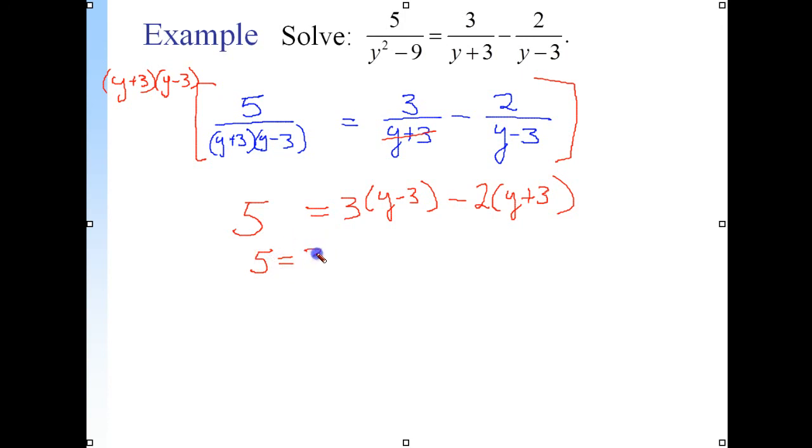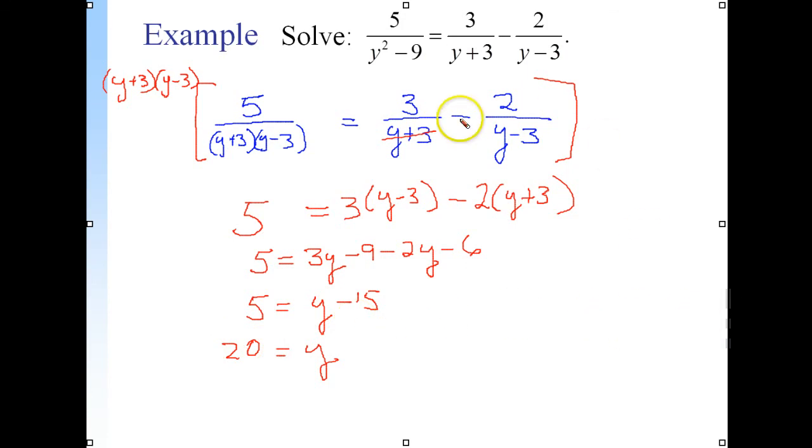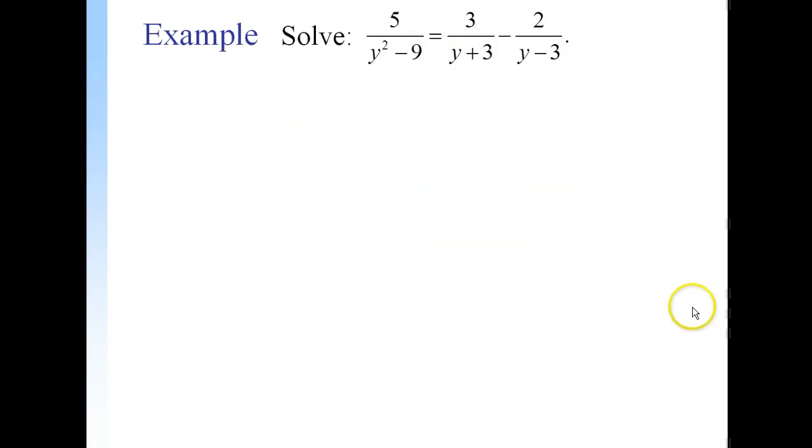5 equals 3y. And to save a little time, we distribute this, collect like terms. This gives me a y. This gives me a negative 15. Transpose that, I get y equals 20. Now notice, y is 20 does not make any of my denominators a 0, so that's a good solution.